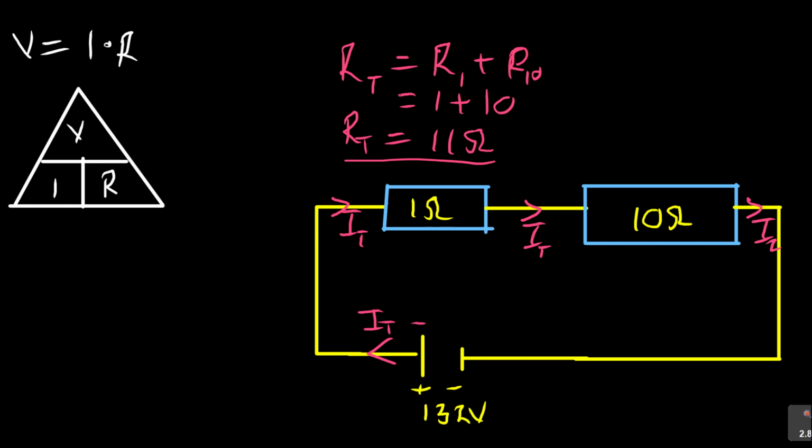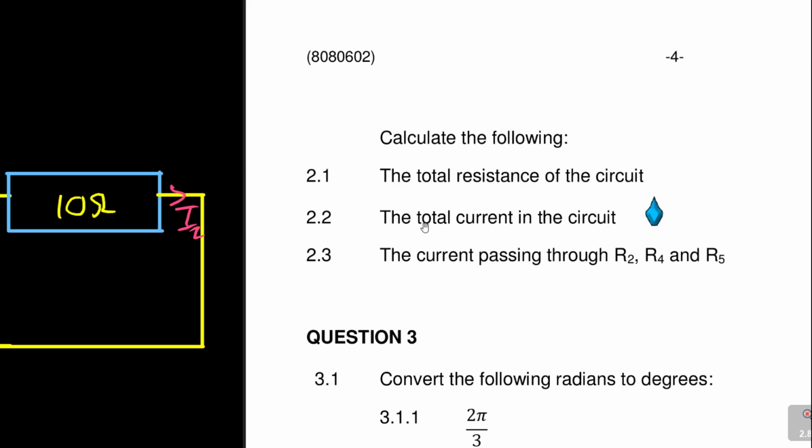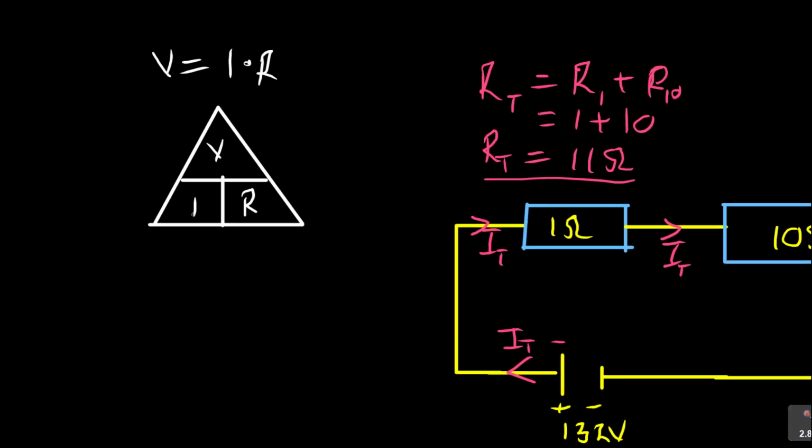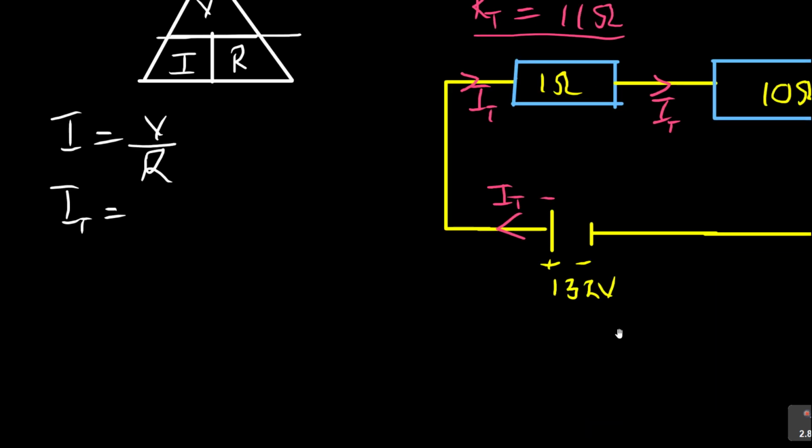So the question says here, I'm supposed to find the total current. Remember, it's total current, that IT. So I is equal to V, there is the division line, over R. So my IT is equal to V, the voltage. They gave us 132, there is the voltage.